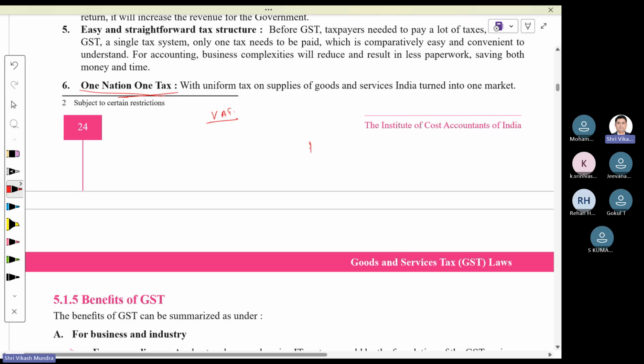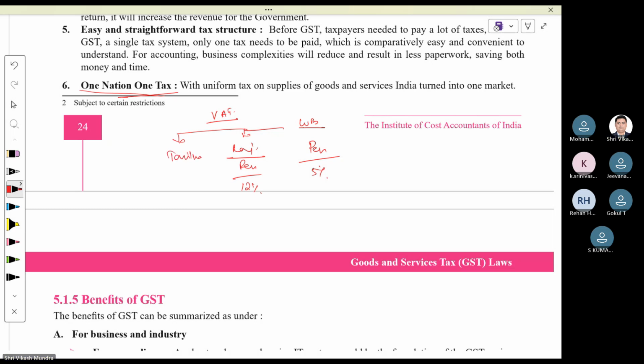Say this pen in West Bengal is subject to tax at the rate of, say, 5% VAT in the earlier pre-GST era. And in the state of Rajasthan, the same pen is supposed to be levied at a tax of, say, 12%, and the same pen in the state of Tamil Nadu may be taxable at the rate of 18%.